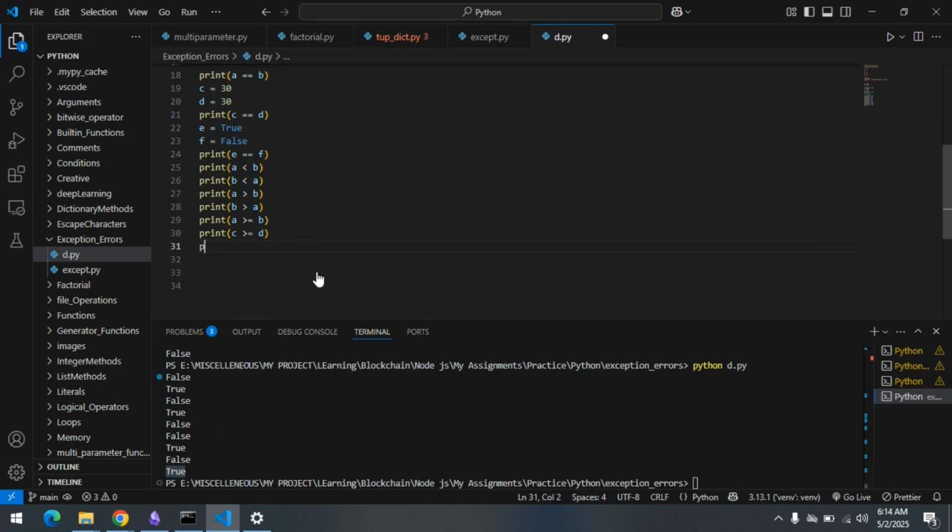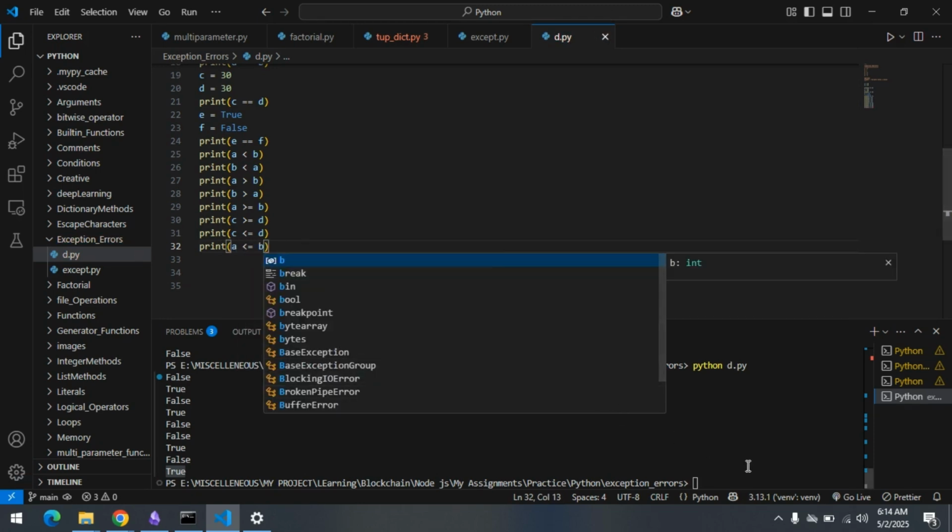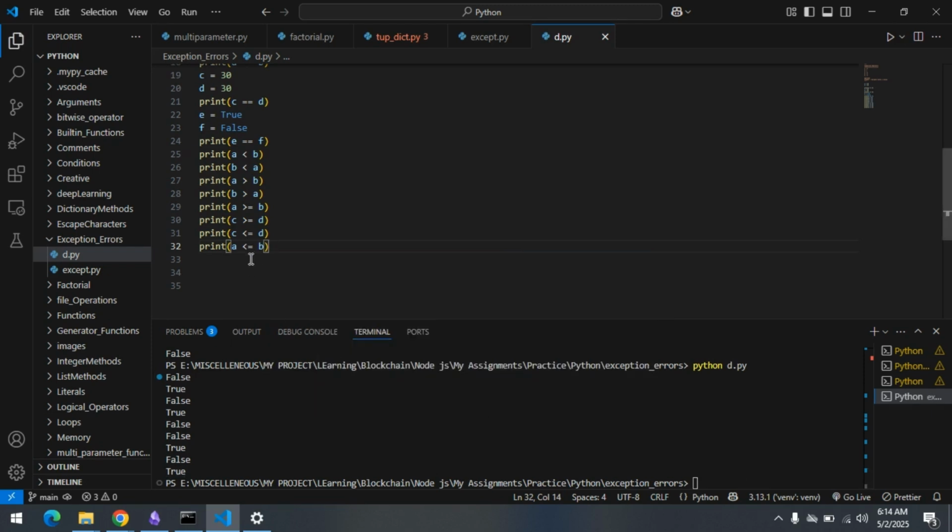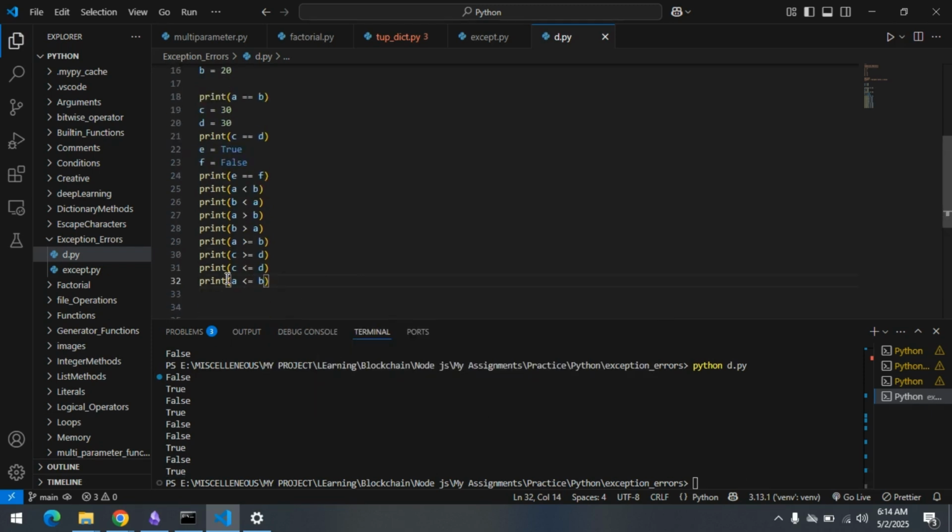Okay, similarly, if you do this, C is less than or equal to D, and then we do A is less than or equal to B. Now here, this would be true because they're not equal, but A is less than B because it's 10 and 20, right?